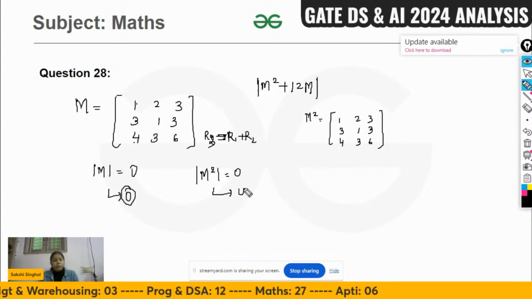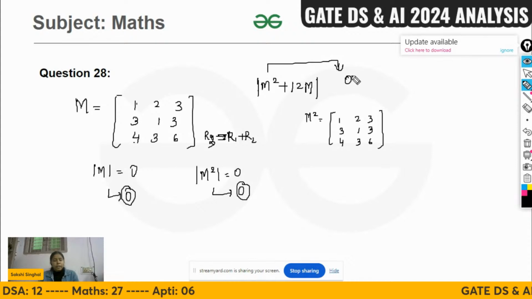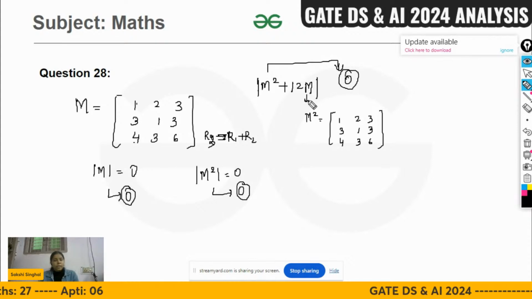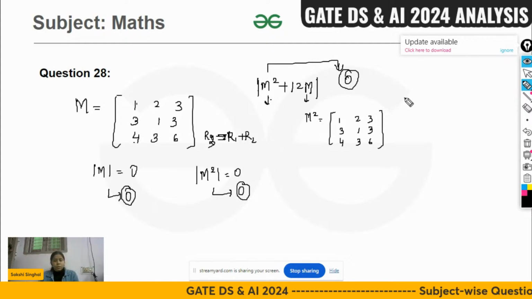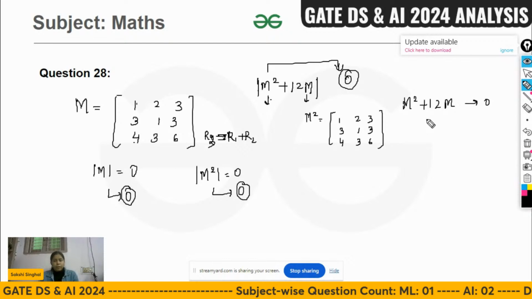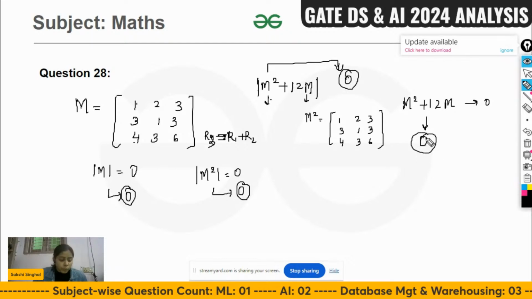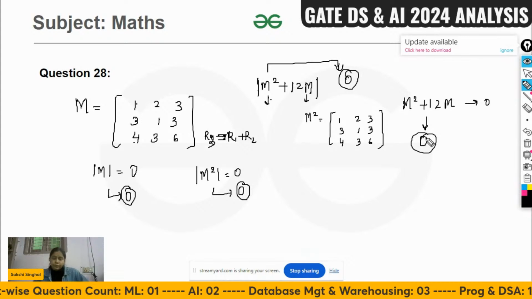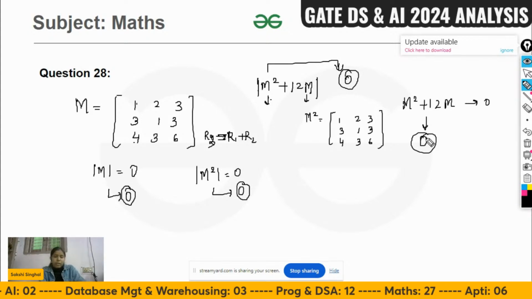M has a 0 determinant and M square has a 0 determinant. So M square plus 2M has one eigenvalue which is 0. If one of the eigenvalues is 0, then its determinant is 0, because the determinant is the product of eigenvalues. So you can directly say that the determinant of M square plus 2M is 0.